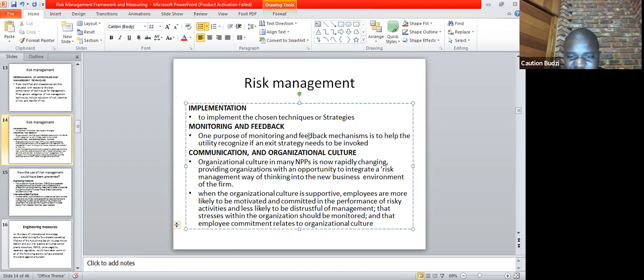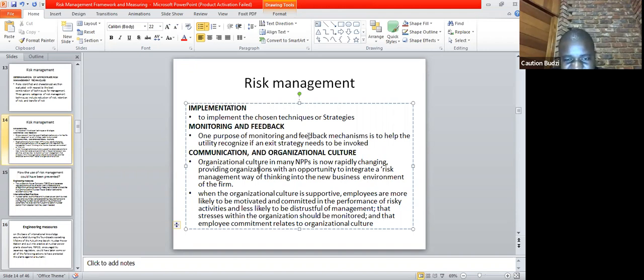The purpose of the monitoring and feedback mechanism is to help the utility recognize if an existing strategy needs to be reformed. So they were supposed to do periodic monitoring and review of the risk management strategies which were in place to ascertain if these strategies are enough to cater for the risk, because as you know, risk is always changing.